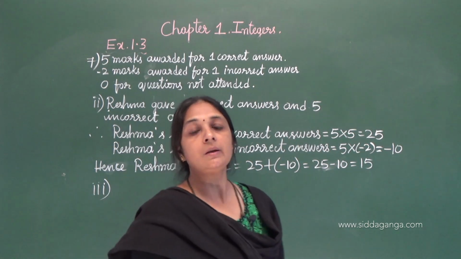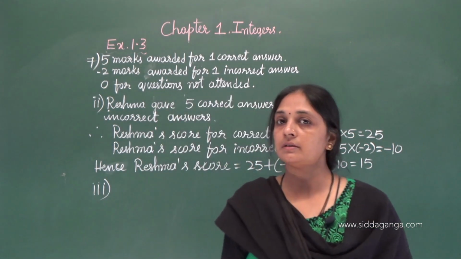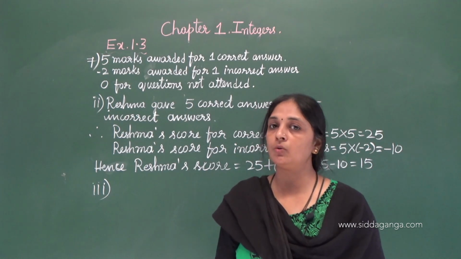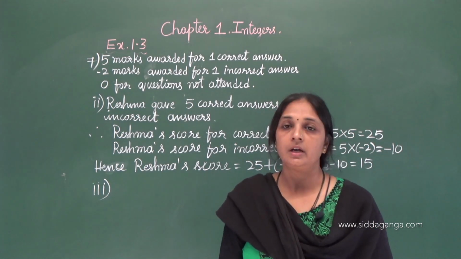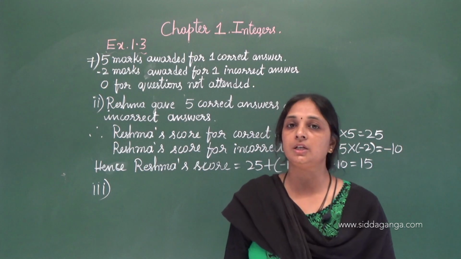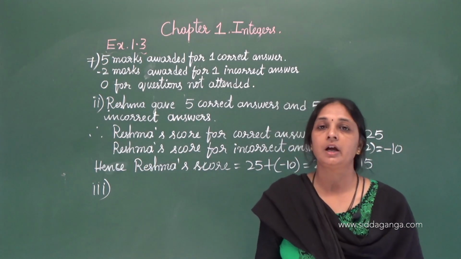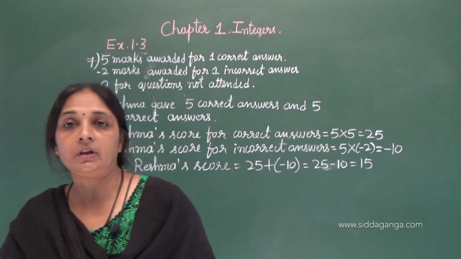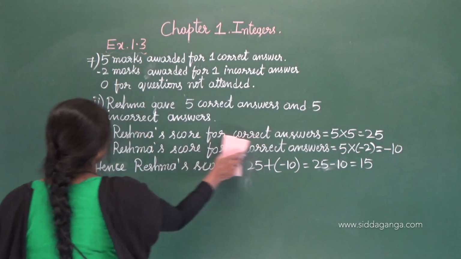And what about the rest? So that is 2 plus 5 is 7. She attempted only 7 questions, and for another 3 she didn't attend the questions. So that we can write like this.